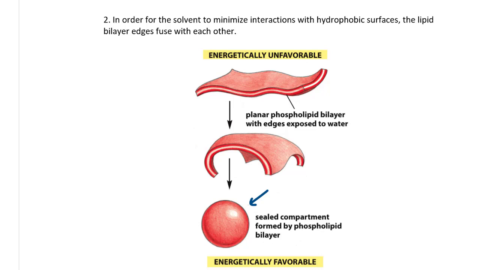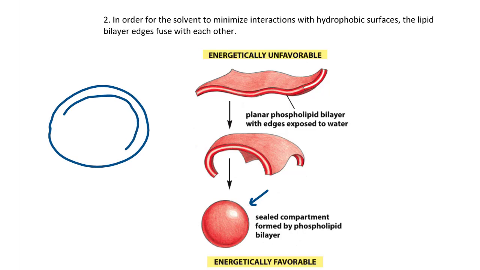So the result is that you have two compartments. Here are my hydrophilic heads. I'm going to show them with two circles. And in between you have the fatty acid tails, which are hydrophobic. And what you have now are two aqueous solutions, 1 and 2, that are separated from each other by this phospholipid bilayer.